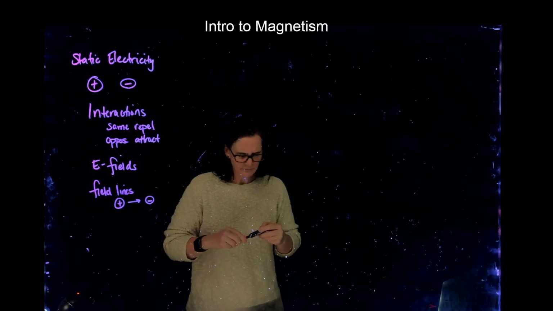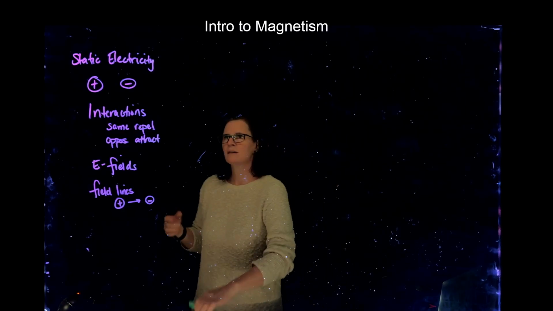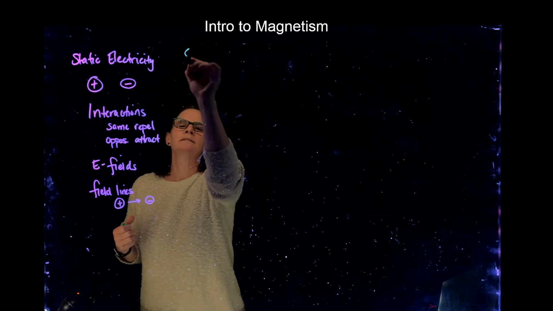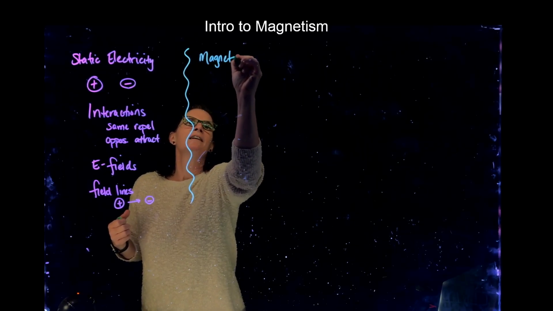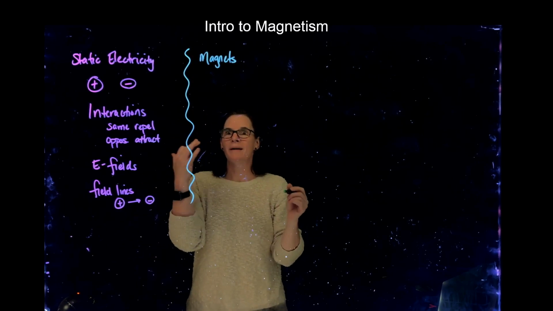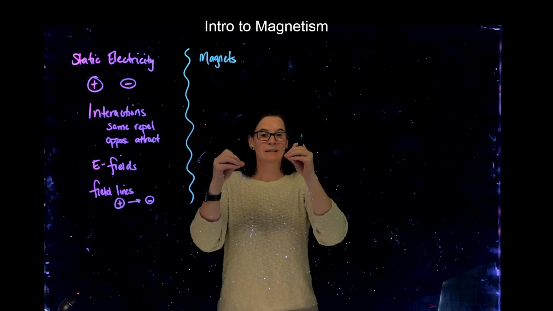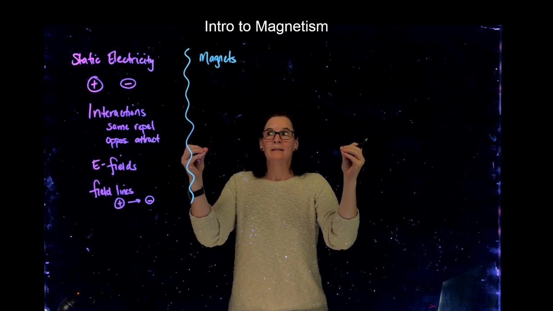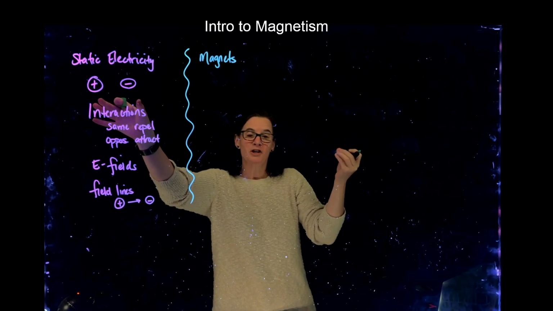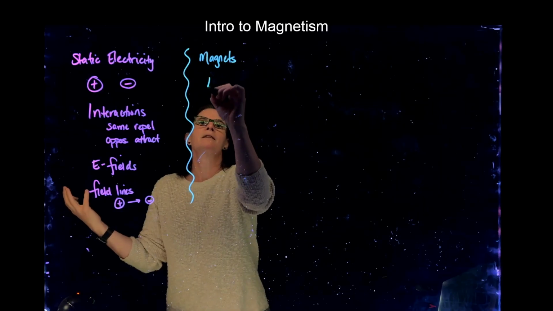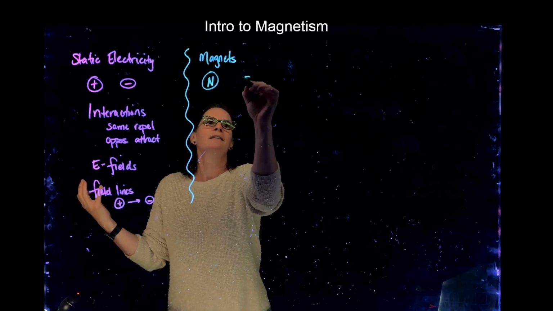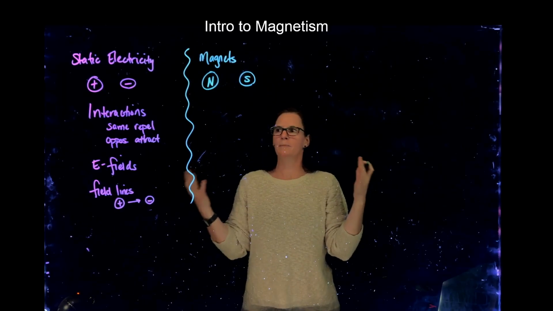All right, well, let's parallel that with magnets. Now we're going to talk about magnets. Okay, well, turns out magnets also have two ends, like the charges had two charges, magnets have two different ends. We call that a north end and a south end, so two pieces.